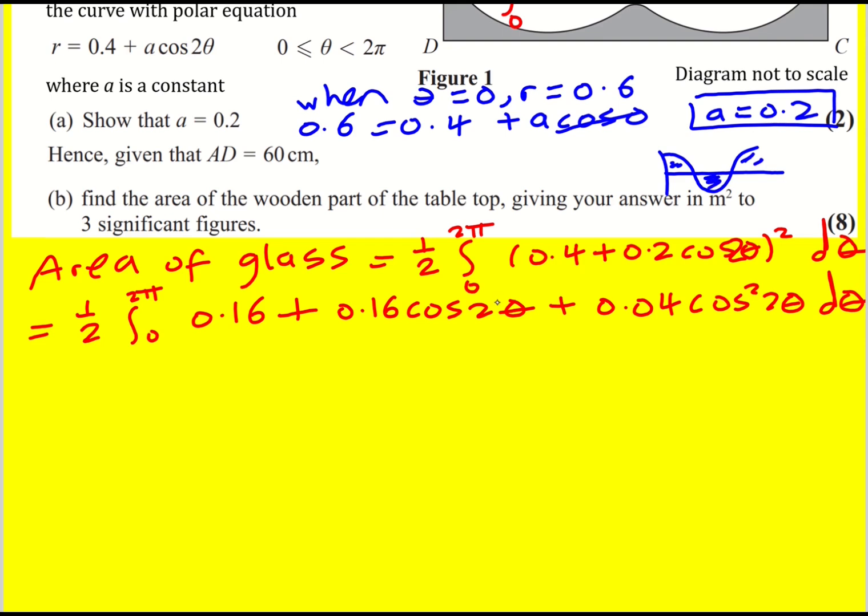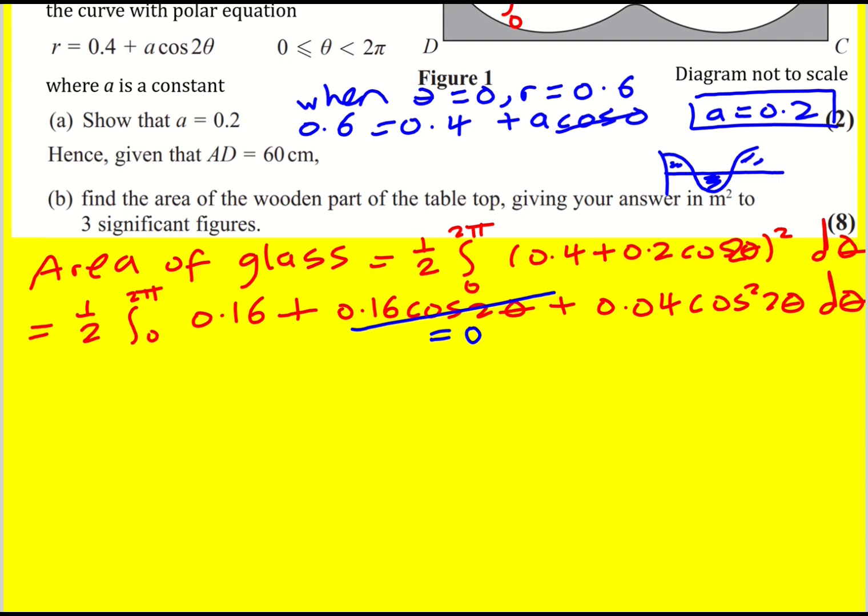If it's 2 theta, all you're doing is stretching it by a scale factor of a half and fitting two of them in. So this is just going to equal 0, and I can write it down straight away. If you don't spot it, you'll integrate, get a multiple of sine 2 theta, and when you put in 0 and 2 pi, you get 0. But we can just get rid of it.